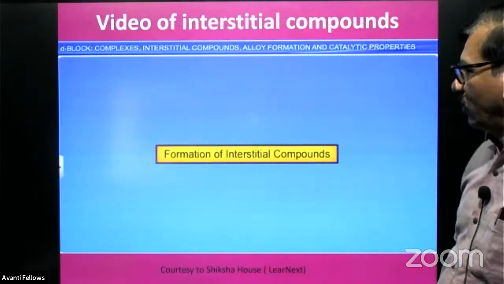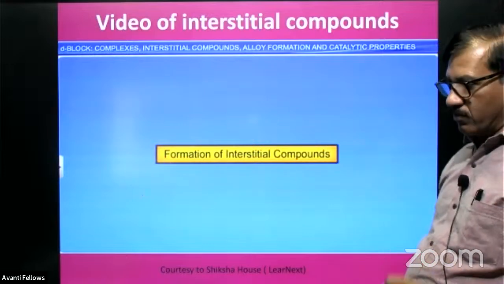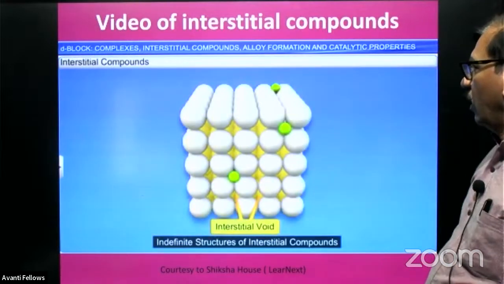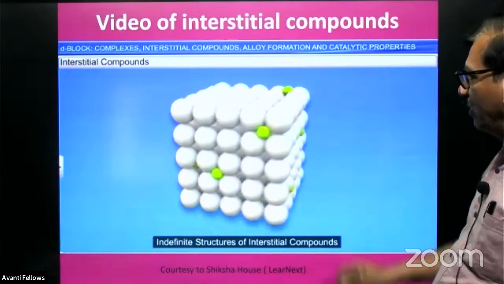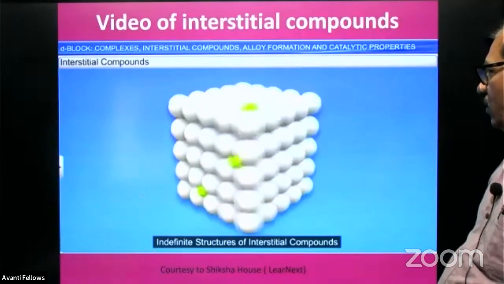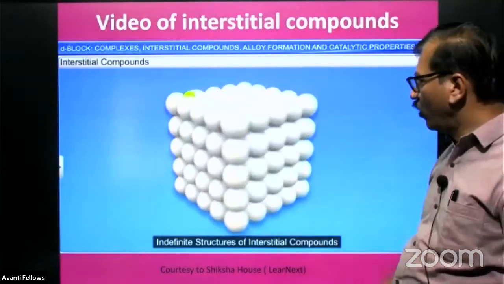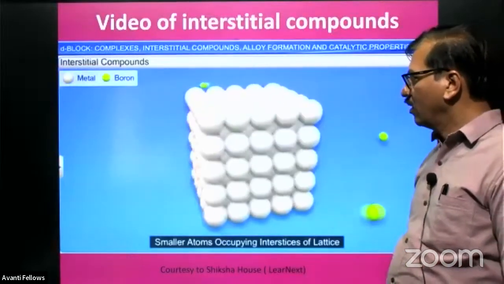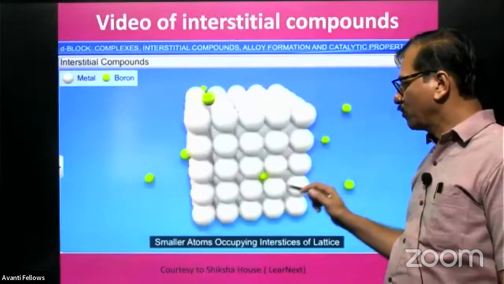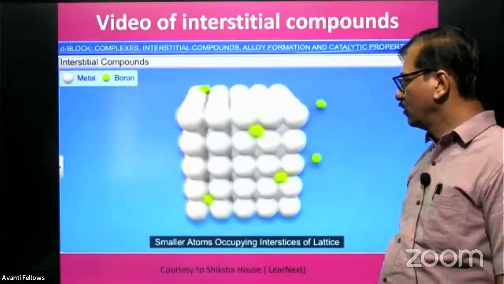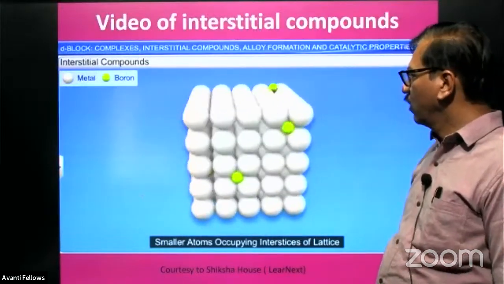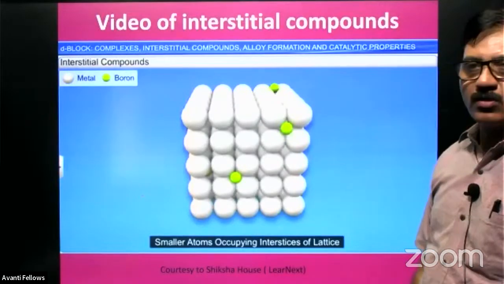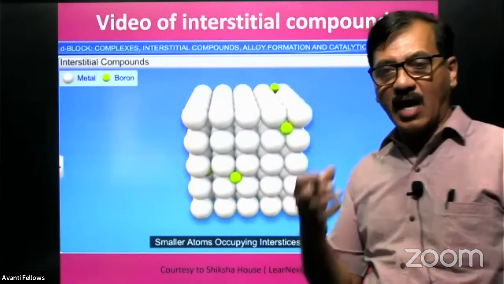Look at this. This is how the metal is present, and these are the voids. In these voids there can be small atoms like boron. Many of the interstitial compounds show better hardness.